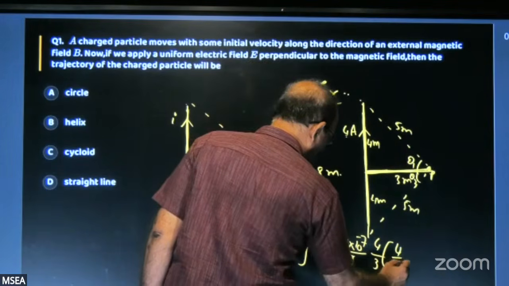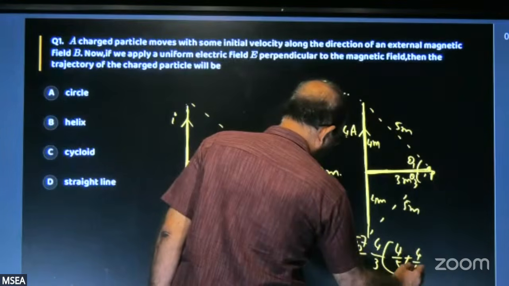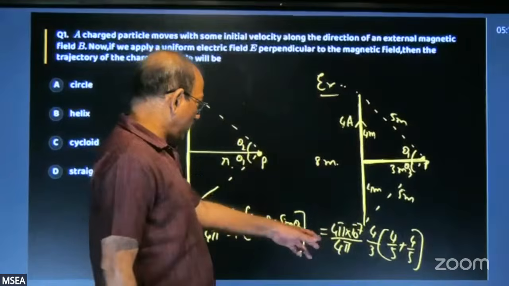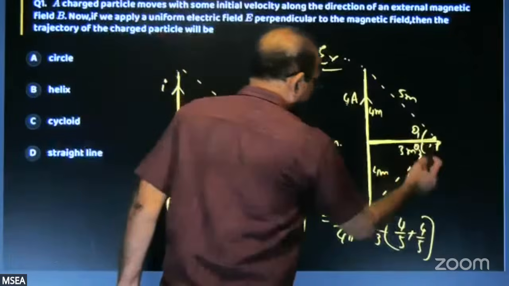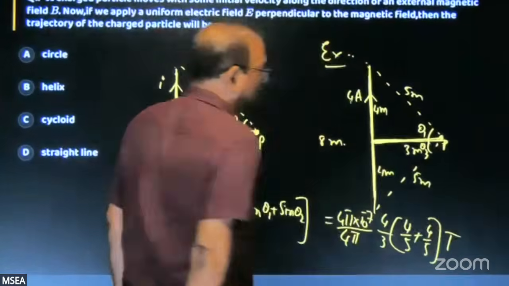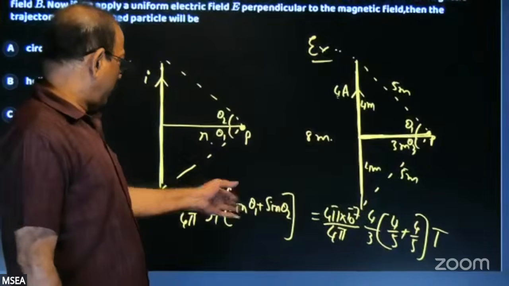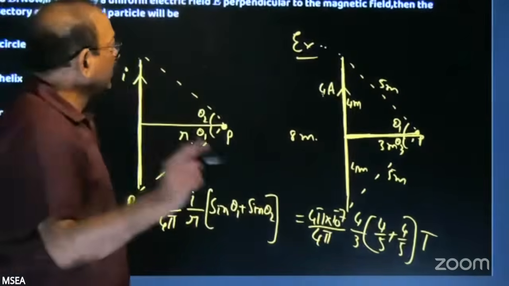Sine theta 2, 4 by 5. You'll get 4 by 5 plus 4 by 5, 8 by 5. Simplifying this, you will get the magnetic induction at this point in Tesla or Weber per meter square, the unit of magnetic induction.